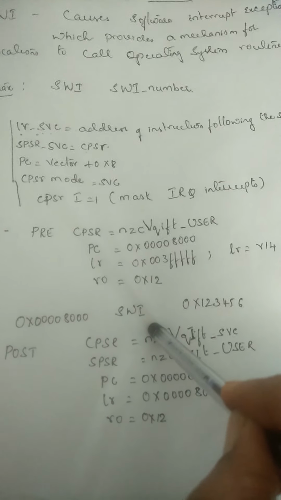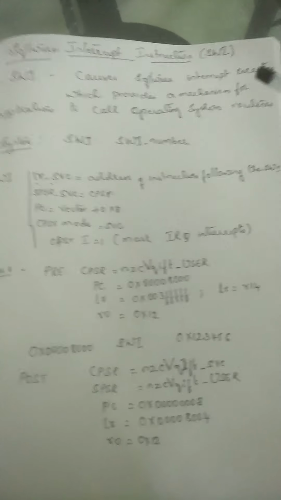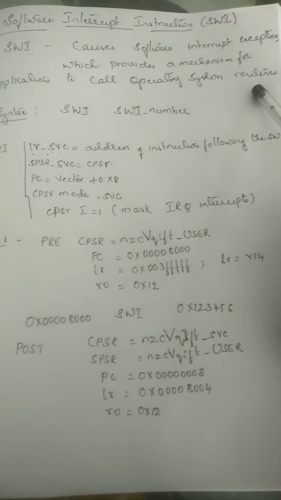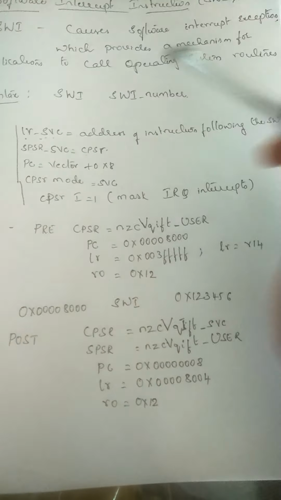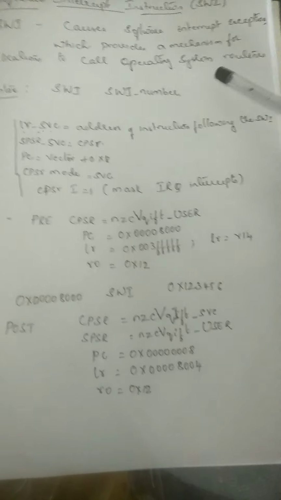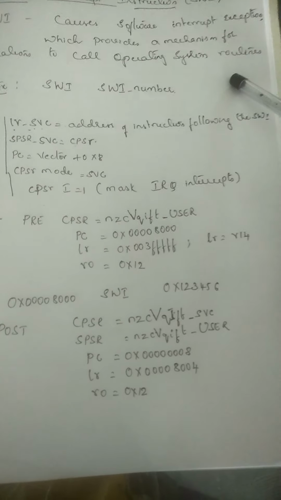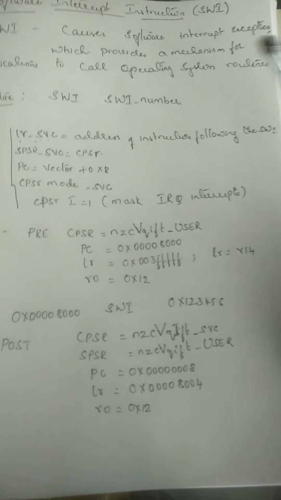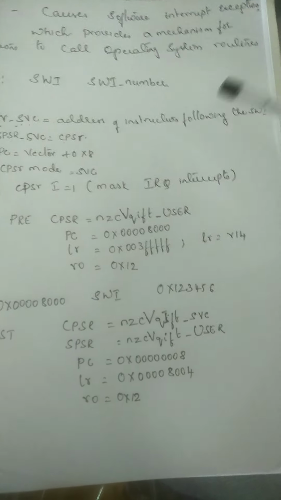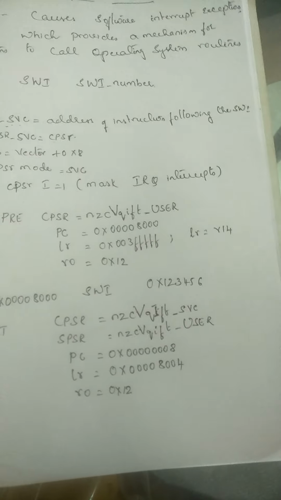The software interrupt instruction is nothing but an exception. When an exception occurs, automatically it will call the operating system routine. When this instruction occurs, the CPSR mode will be changed to supervisor mode, and LR will store the return address, which is the address of the next instruction.